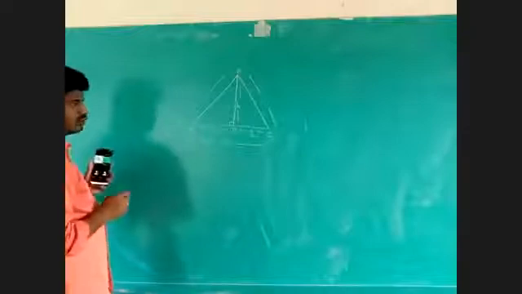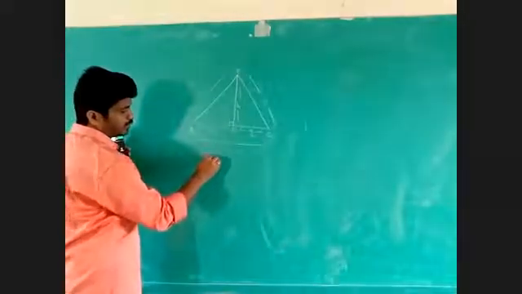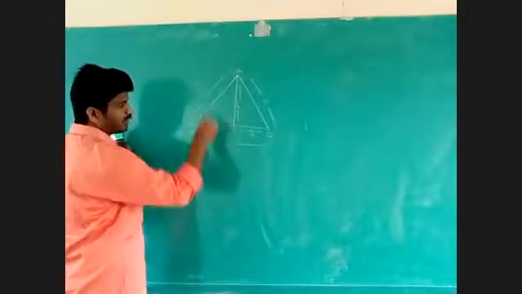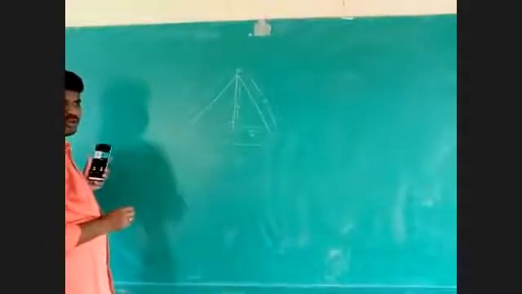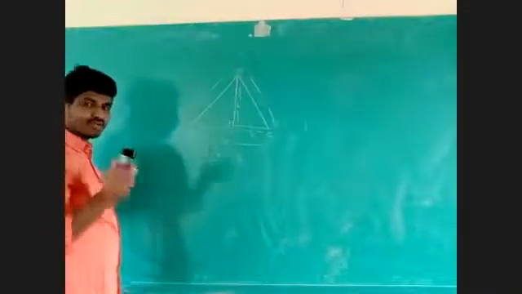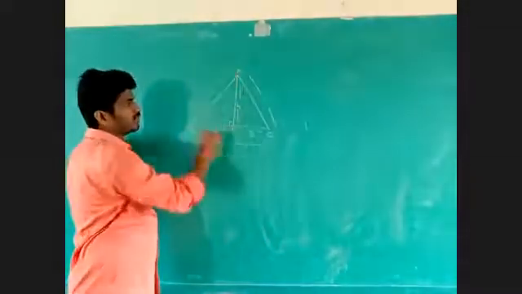Is it clear, this diagram? Yes, sir. So what is our proof here? RTP: required to prove that three times the square of any one side of an equilateral triangle, AB or BC or AC.